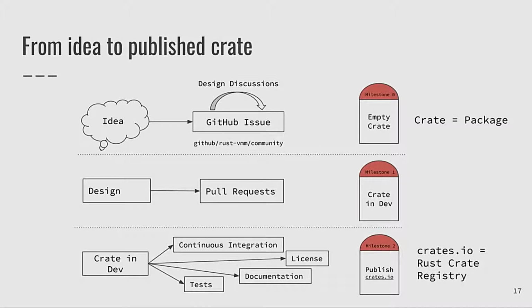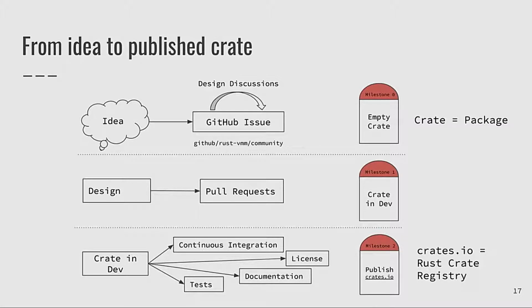Now, from a crate in development to a crate that is actually published on crates.io, small pause, a crate is a package, a Rust package, and crates.io is the Rust crate registry, so the place where you take crates from. So from a package in development to a package that is actually published, there are a few things that we want to do.